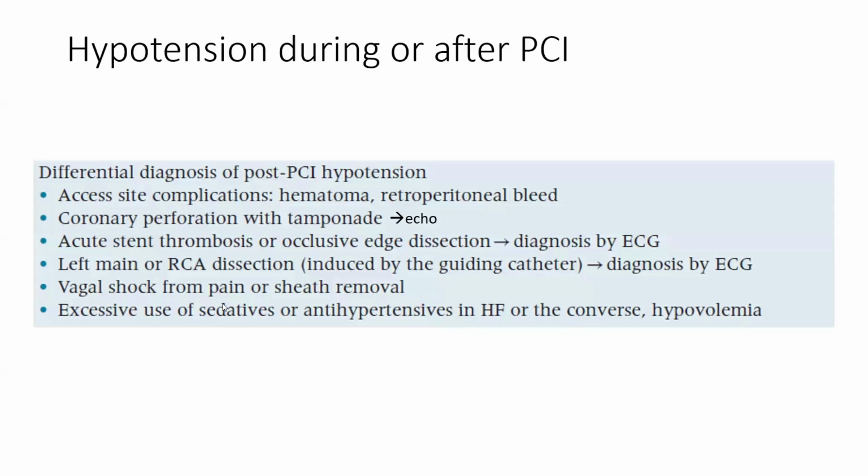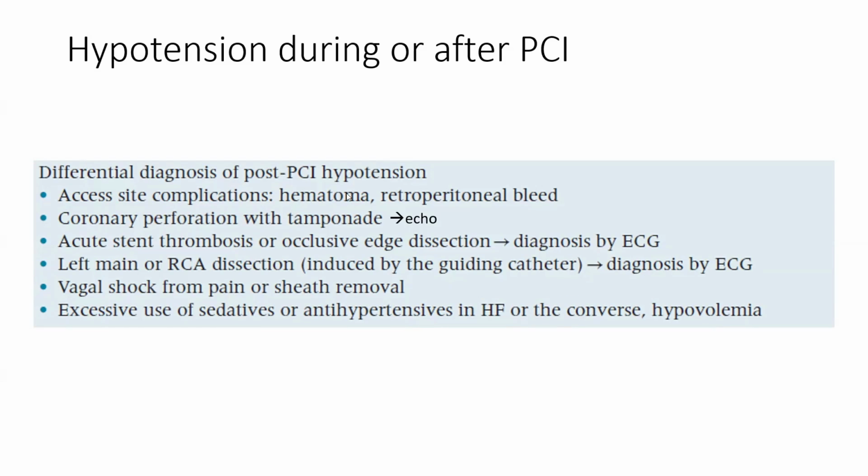So now I want to talk about retroperitoneal bleed. But before, I want you to be aware of the differential diagnosis of hypotension during or after PCI. Whenever somebody is hypotensive during or after PCI, you have 2 big categories, either coronary complication or access complication.